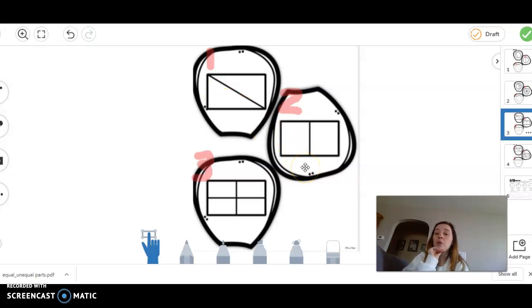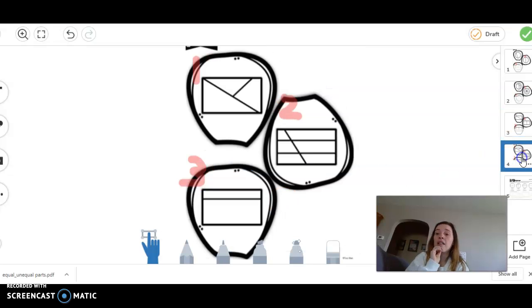Look at number 2. Equal or unequal parts? Right, they're equal. Look at number 3. Equal or unequal parts? Right, it's cut into fourths. It's equal parts. It's cut into 4 perfect shapes. They're all equal.